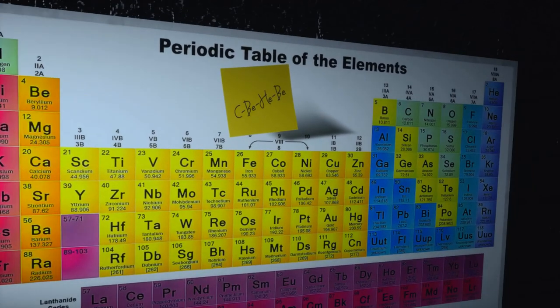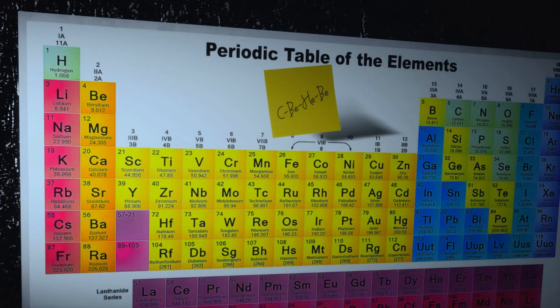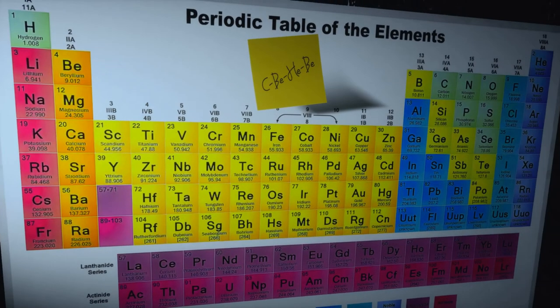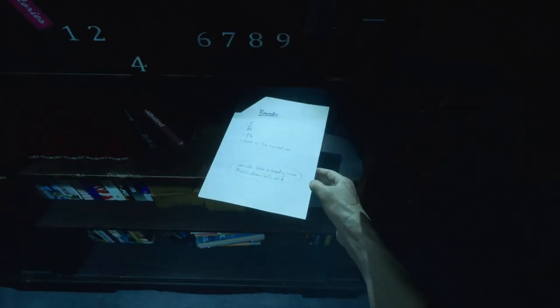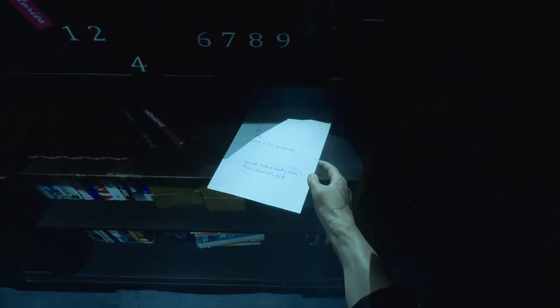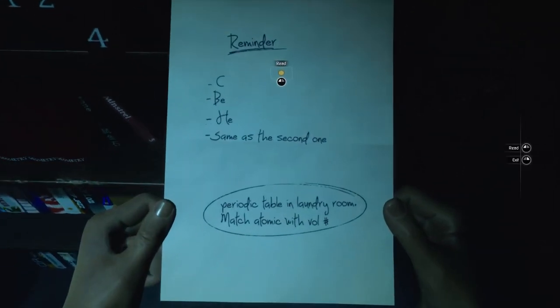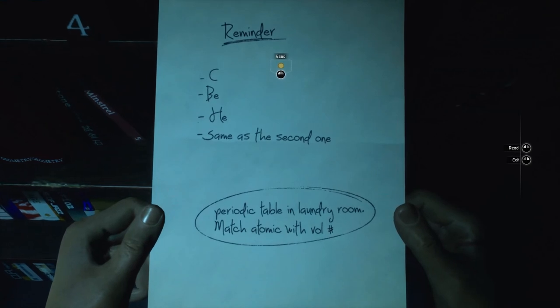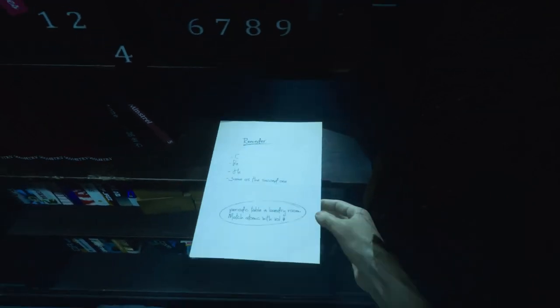So 6, beryllium. Where is beryllium? 6, 4, helium. 6, 4, 1, 4. It isn't going to work unless I sum it up, and then it creates a match with the atomic volume number.